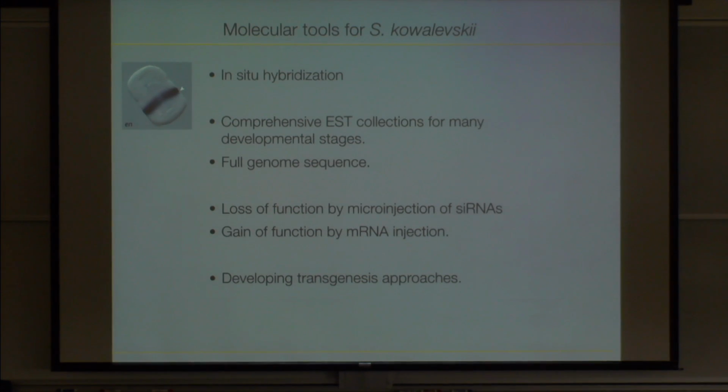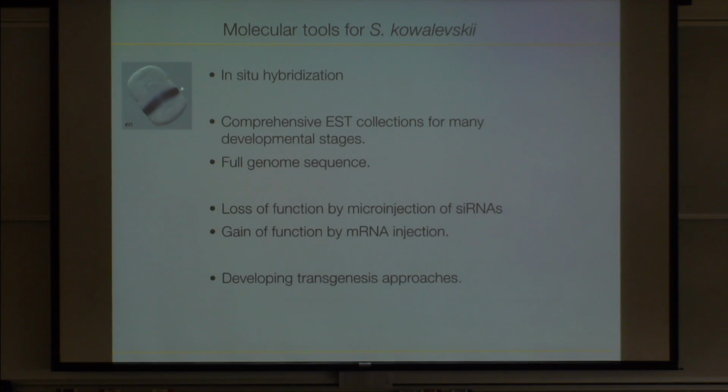So what have we done in terms of developing molecular infrastructure? We can do what's called in situ hybridization, which many of you have heard of. It's a way, as is shown in this embryo, of labeling where certain genes are expressed in certain cells. I'll be showing a lot of in situ data.